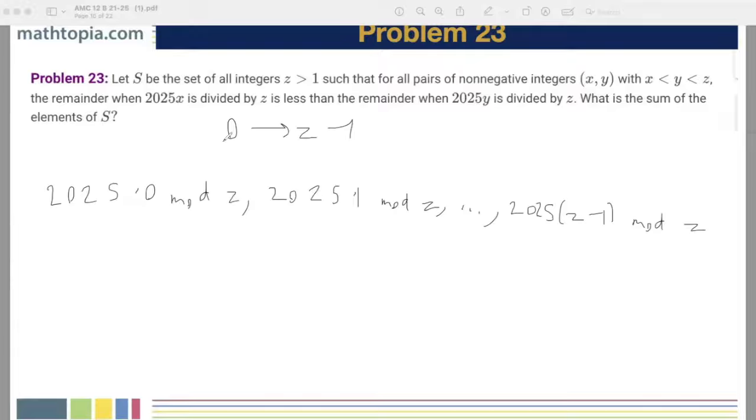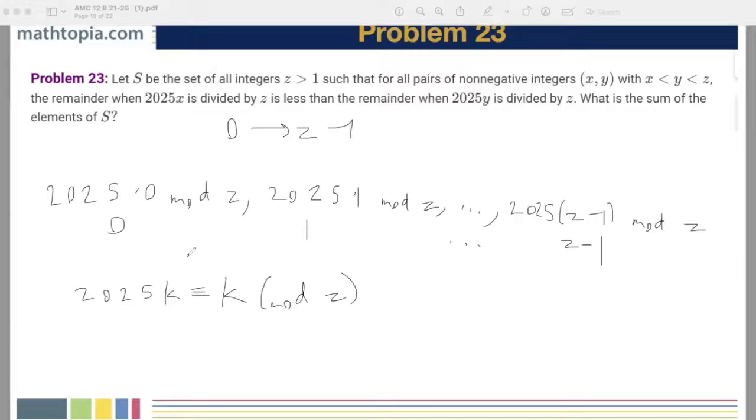So hopefully you can tell now, since we only have z values to work with and they all have to be different from each other, each number has to be a number from 0 to z minus 1. And therefore, since the numbers have to be sorted, we have to start with 0 and then work our way up all the way up to z minus 1. So essentially, we get that 2025k has to be equivalent to k mod z for all k.